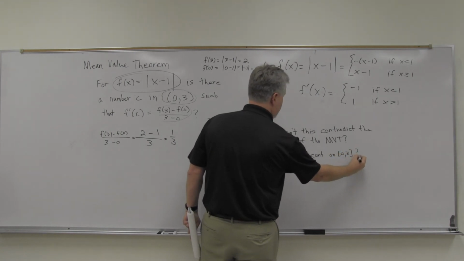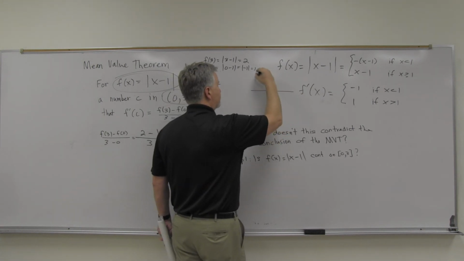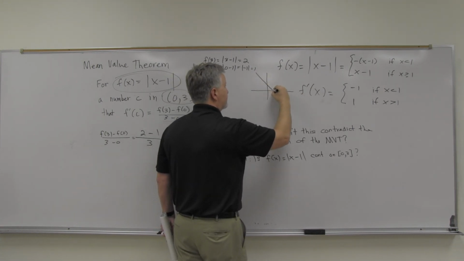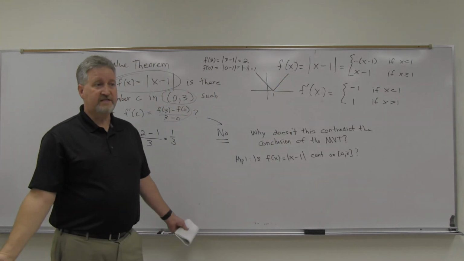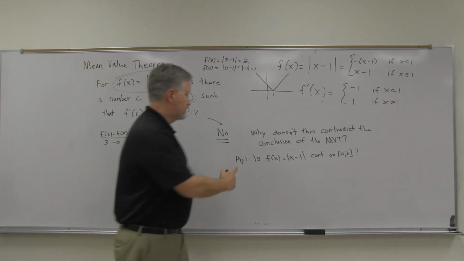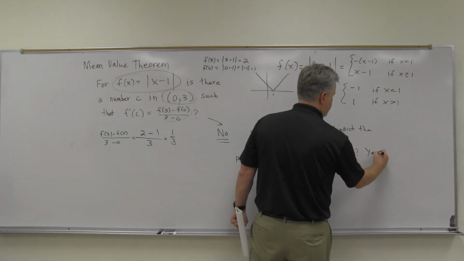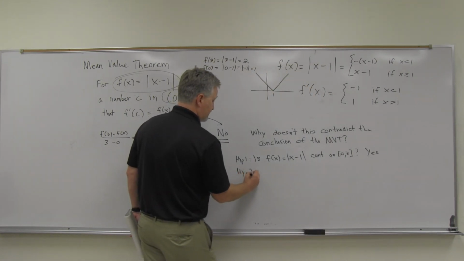Well, again, review here. This graph looks like this. Graph it. You need to, but it's the V shape. It's continuous everywhere, isn't it? There's no breaks, there's no discontinuities. So yes, it is continuous on 0, 3. However, hypothesis 2, what do you got?